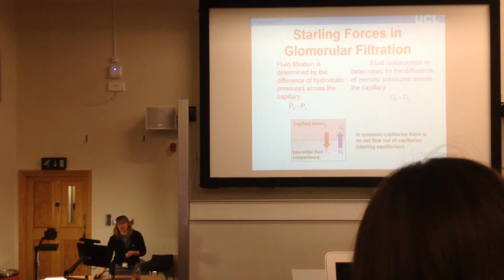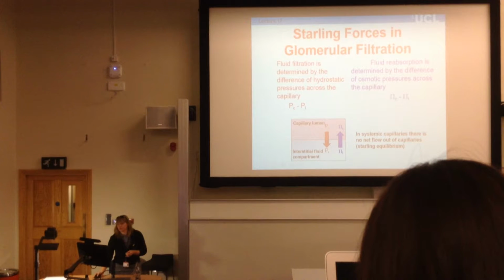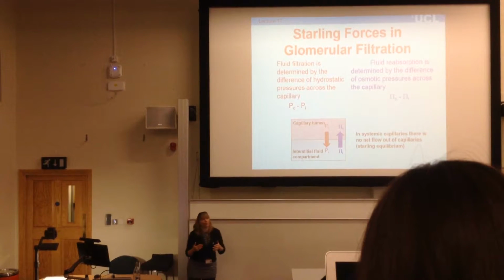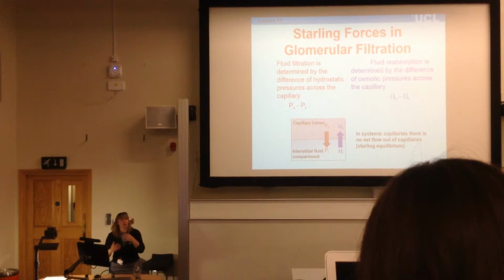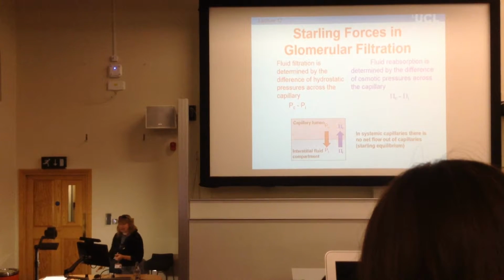Normally these forces are balanced, that there's as much pressure moving fluid into the interstitial compartment as there is oncotic pressure pushing fluid back into our capillaries. So we always have a fluid flow across our capillaries throughout the body. But overall, they tend to be balanced very carefully.